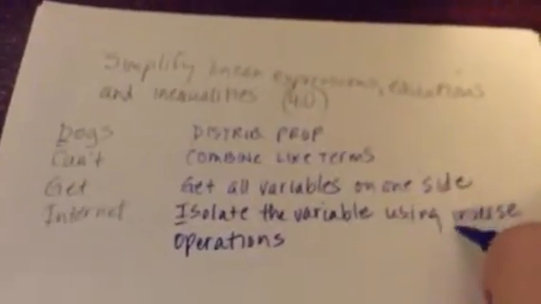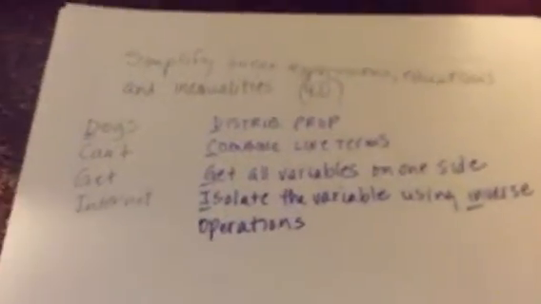Isolate the variable using inverse operations, distribute property, combine like terms, get all variables on one side.